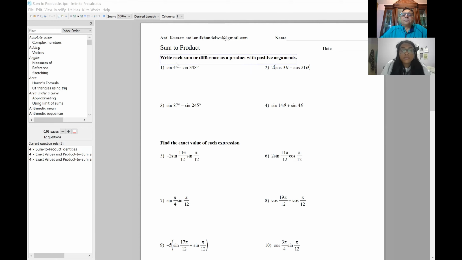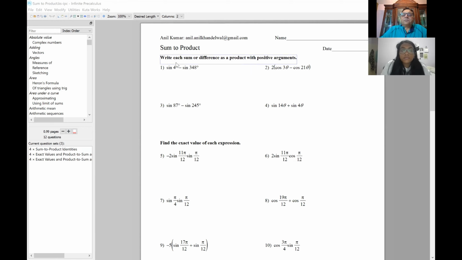So first one is sine of 4 degrees minus sine of 348 degrees. How can you write this as a product? Write each sum or a difference as a product with positive arguments. How will you do this? So are you using compound angles here?